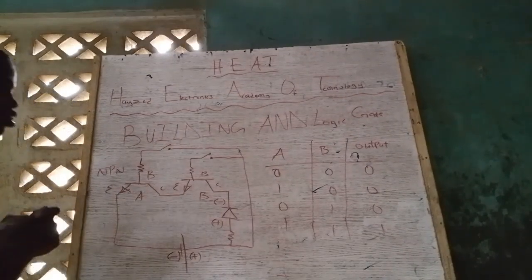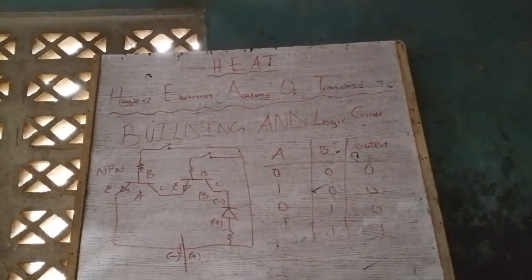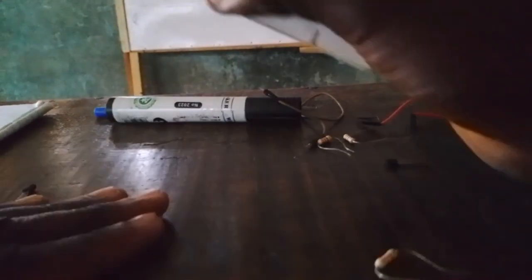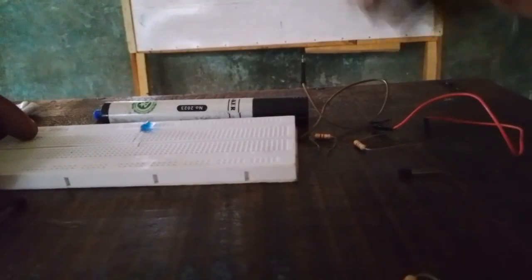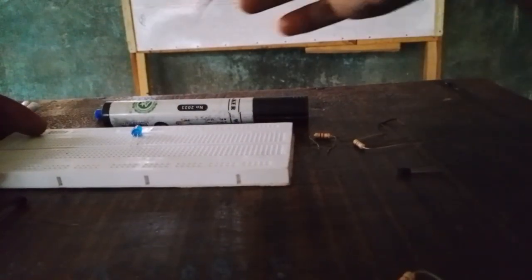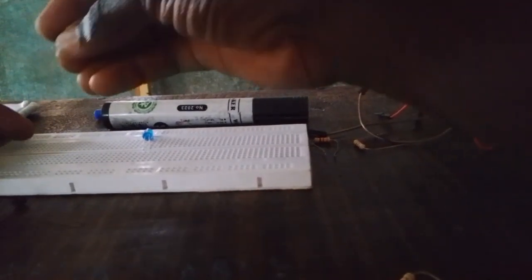So let's build it on our breadboard. Here I have my transistors, my breadboard, my lights, my LED, and my jumper wires. You need two NPN transistors.